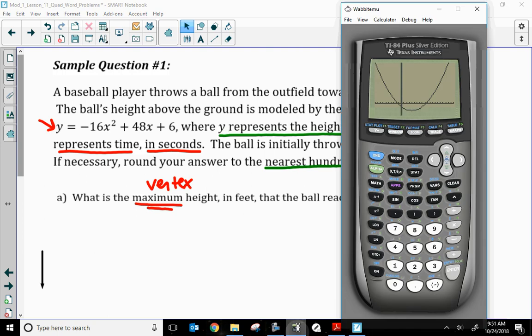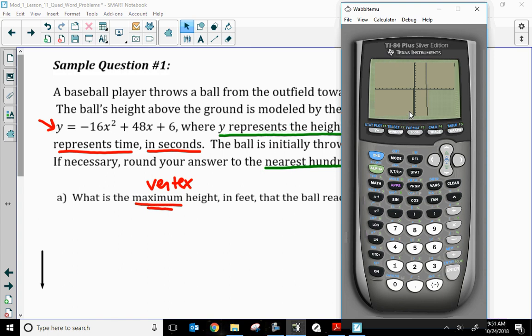So what I'm going to do is take my calculator and put in this equation. I'm going to put negative 16x squared plus 48x plus 6. And I am going to go zoom and go to my standard window, which is my standard 10 by 10.